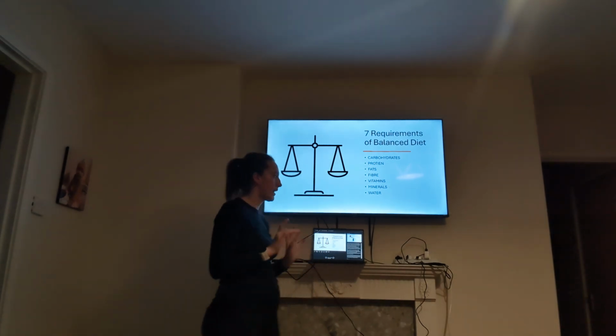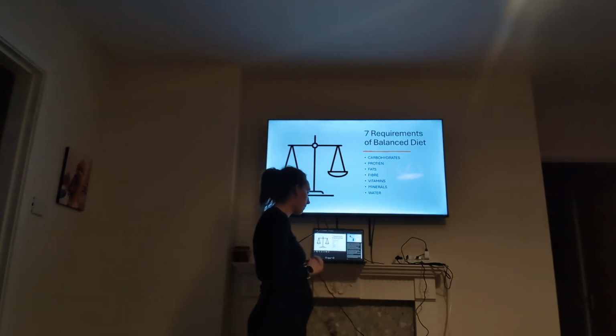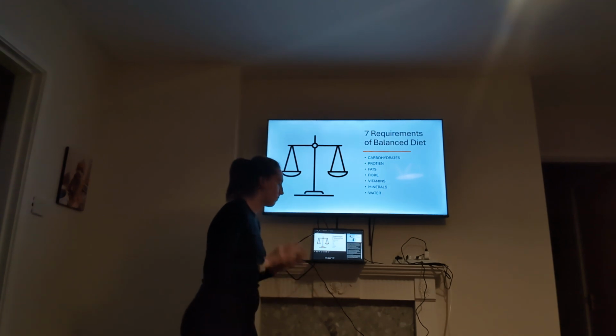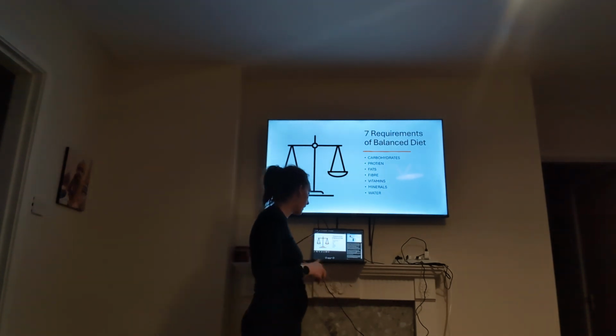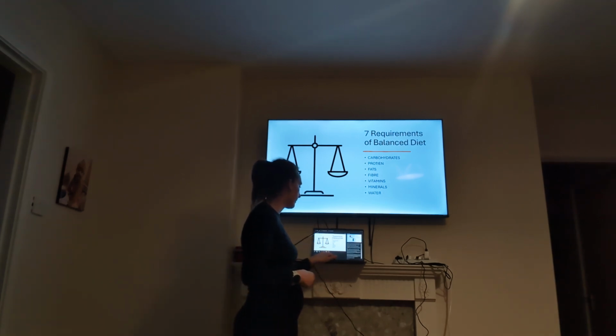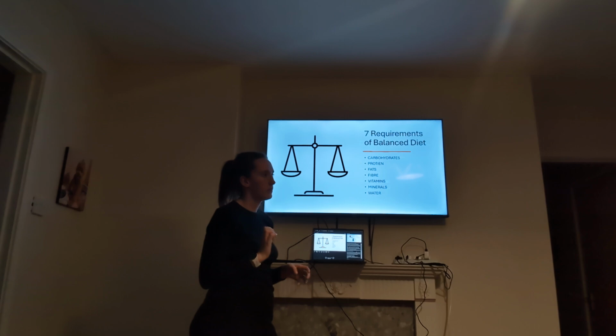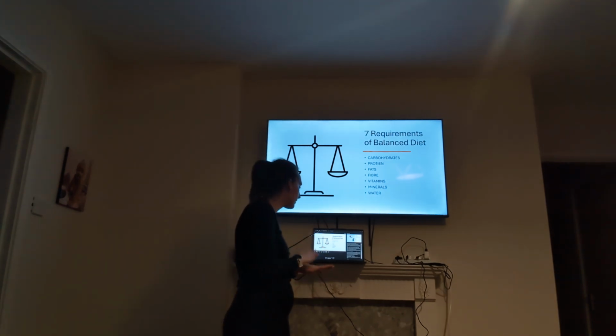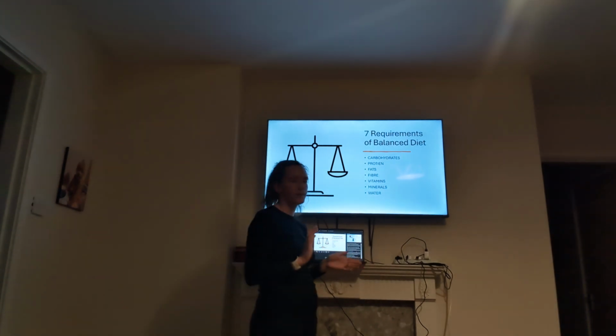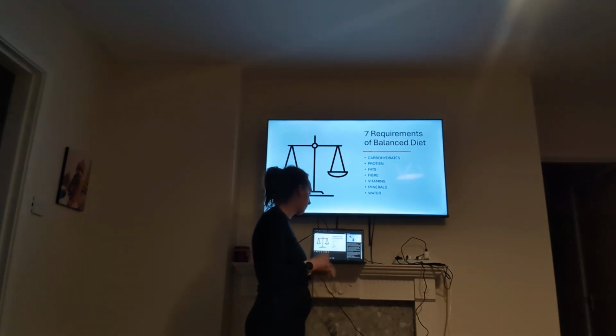Longer acting carbohydrates take longer to break down, acting as blood sugar levelers and making you feel fuller for longer, because they keep blood sugar rates more consistent, so you're less hungry.